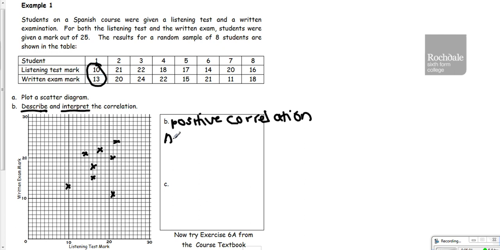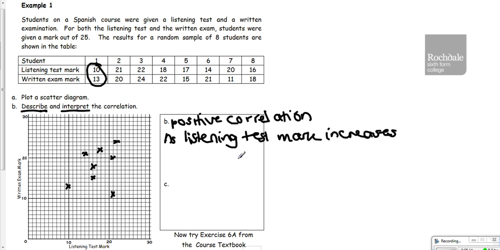So we can say as x, which is the listening test mark, increases, what happens? Well, as people get a higher mark on the listening, they tend to also get a higher mark on the written. So as the listening test mark increases, so does the written test mark.